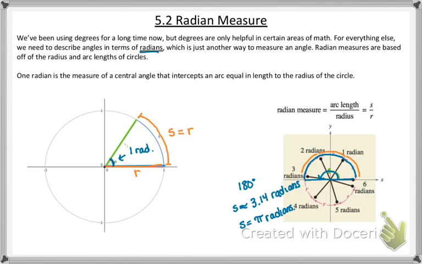So in a straight angle, the arc that is formed can fit roughly 3.14 radii. And so 180 degrees is equivalent to pi radians, to be more exact. Instead of saying 3.14 radians, we say pi radians. And so we can measure each angle in both degrees or in radians. So let's take a look at that.